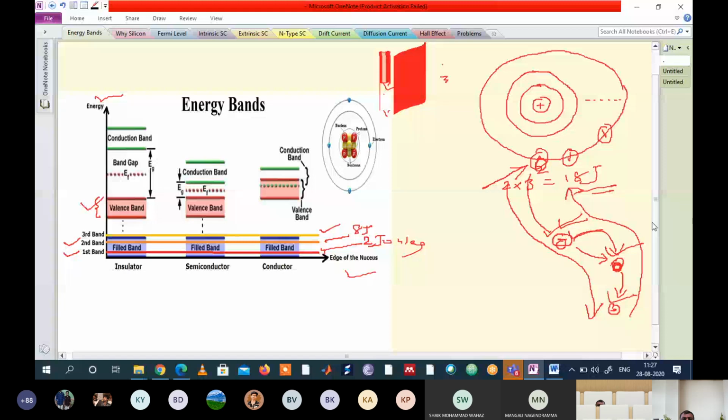That band of energy is called the conduction band, because it belongs to conduction electrons.